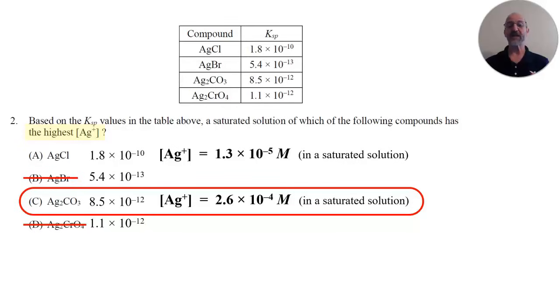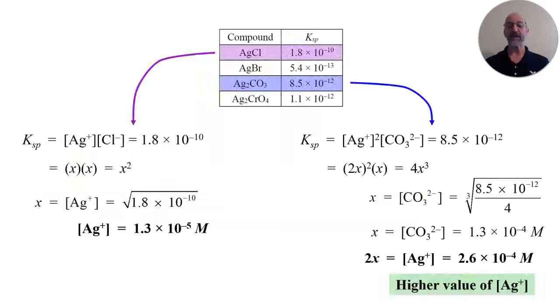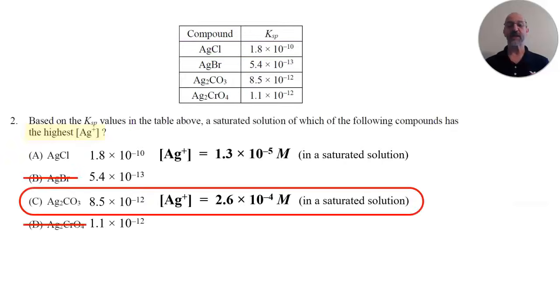So we had to actually do different math because of the 1-to-1 ratio versus the 2-to-1 ratio. Hopefully you can see on this slide a side-by-side comparison of the setup for the calculation of silver in AgCl versus the setup for the concentration of silver in Ag2CO3. So the correct answer to question 2, based on that higher value of silver ion in solution, is actually choice C. All right, well, hopefully that calculation and that explanation makes sense.